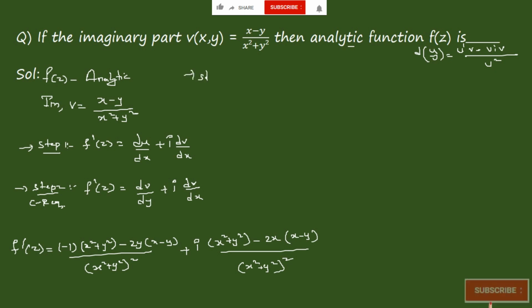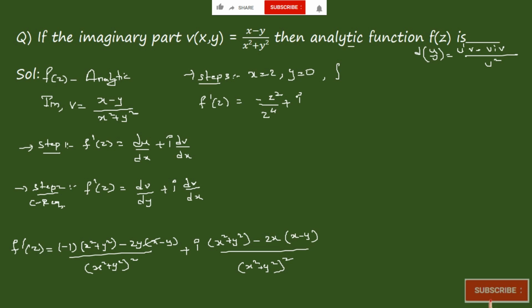Now we're going with step 3. It's nothing but we're replacing the values, right? So we'll be replacing x is equal to z and y is equal to 0, and we'll be doing the integration. If we keep y is equal to 0 here, then this goes, right? So this becomes f dash of z is equal to minus z square by z power 4, right?